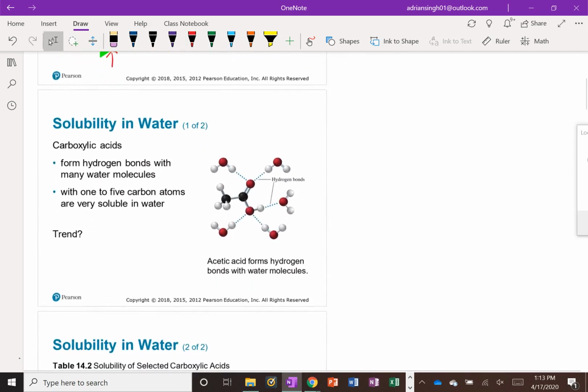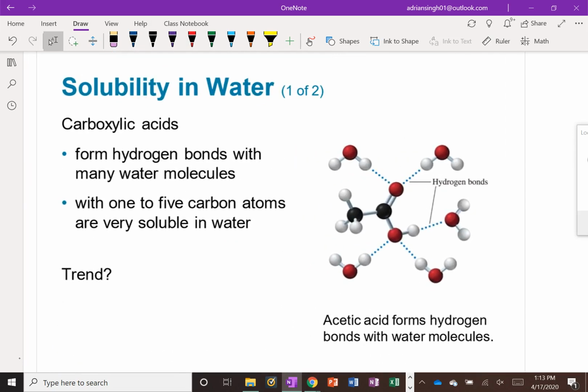And what that means then is that we're going to see the carboxylic acids, because they have hydrogen attached to an oxygen, they can actually form hydrogen bonds with water molecules. And generally what we're going to see is that small carboxylic acids are very soluble in water.